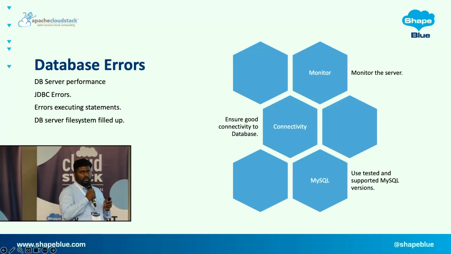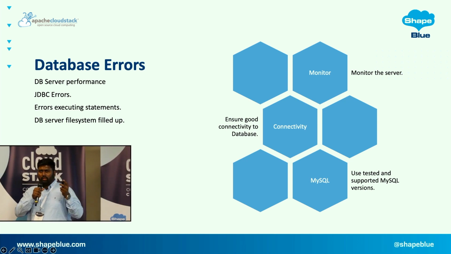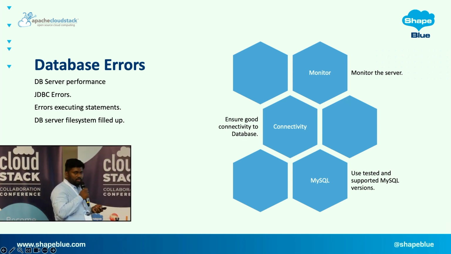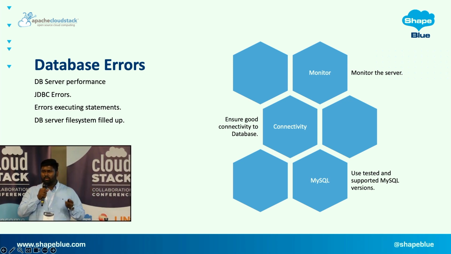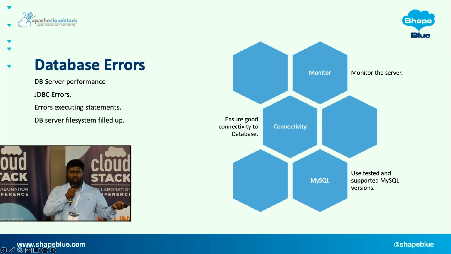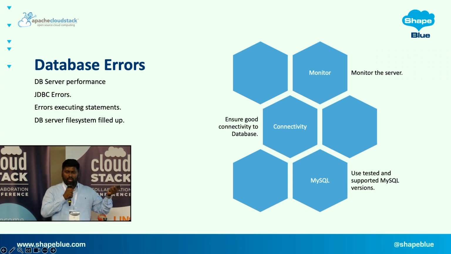Availability and performance of your database is very critical for the availability of your CloudStack control plane. If your database has any issues, such as performance issues, JDBC errors executing certain statements due to configuration issues, or infrastructure issues such as the database server file system being full or CPU being high, anything like that could definitely affect all the operations that you do through the CloudStack management server, APIs, or UI.